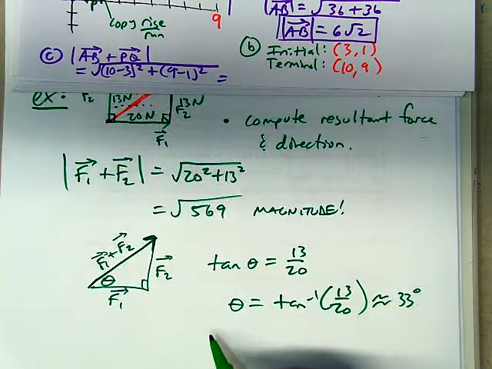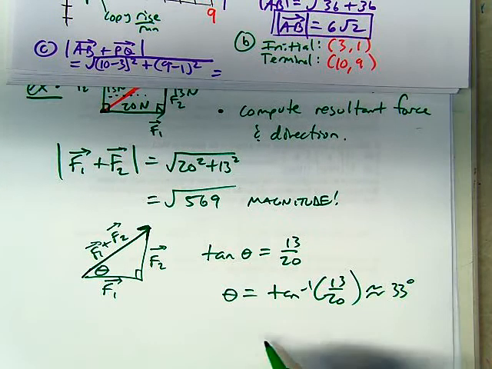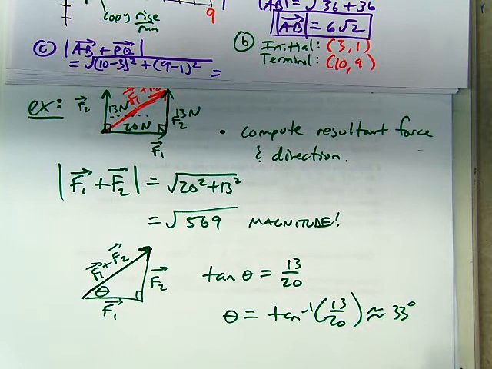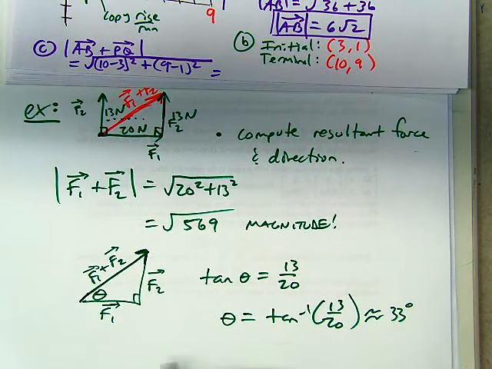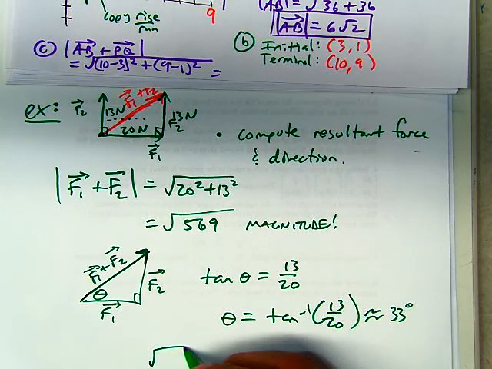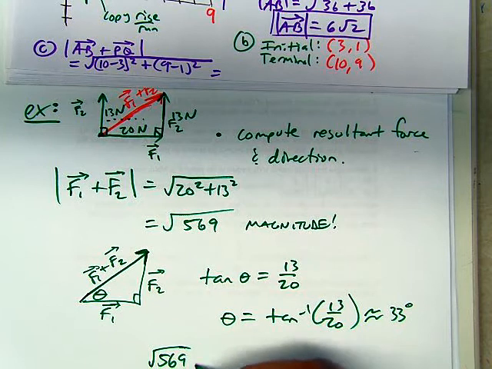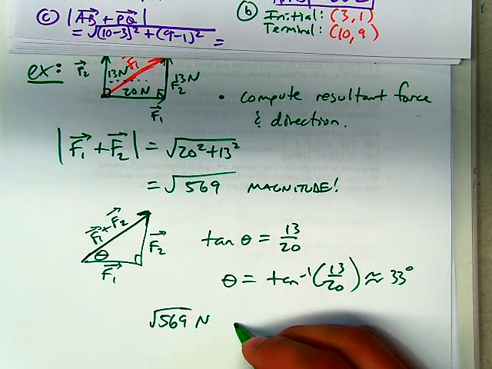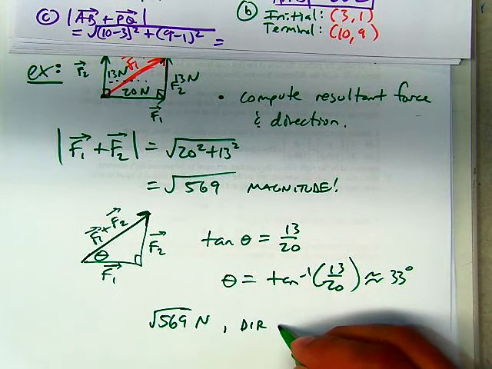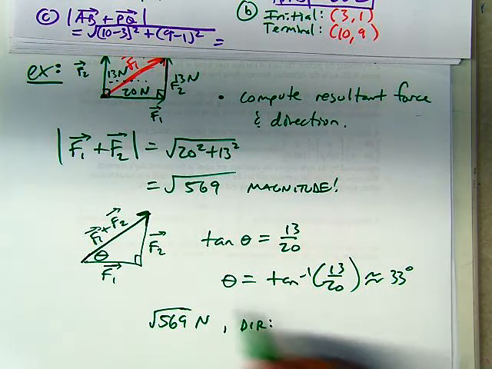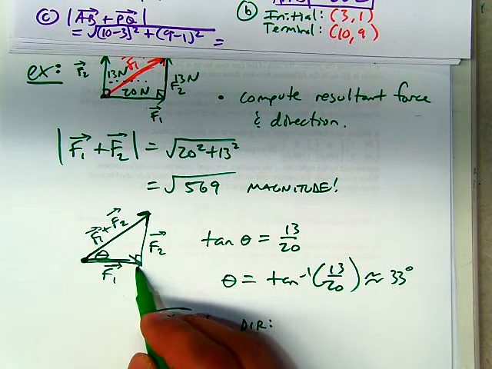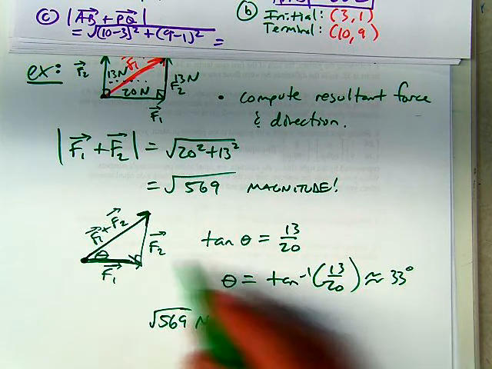Okay, so then here's how I would report the answer. It would say that the vector is root 569 newtons with the direction, and there's two ways to do this. If we're starting here, you can kind of think of this as the positive x-axis since we're going to the right.